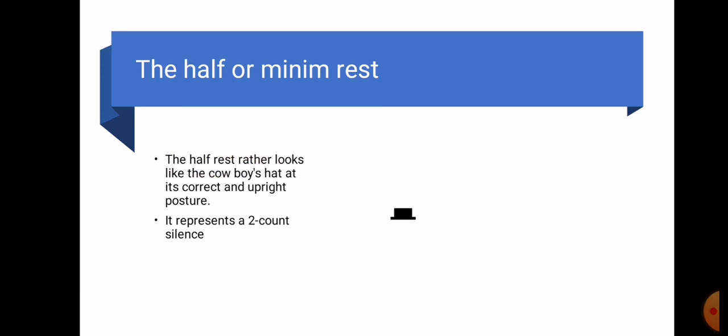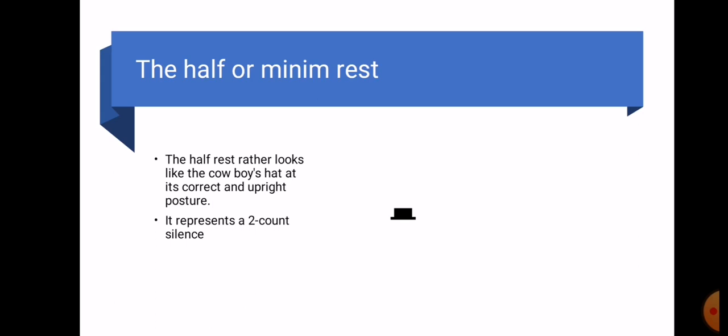Because this and the whole rest look alike, we may not get the difference between the minim rest and the semibreve rest. But that's the difference: the whole note rest is turned upside down. Just compare it to the cowboy's hat.